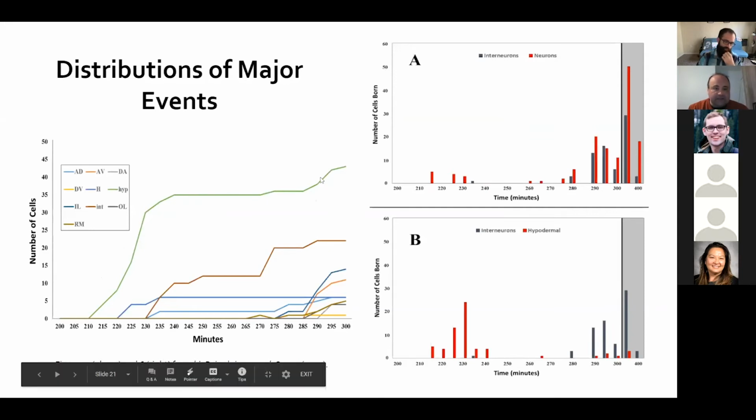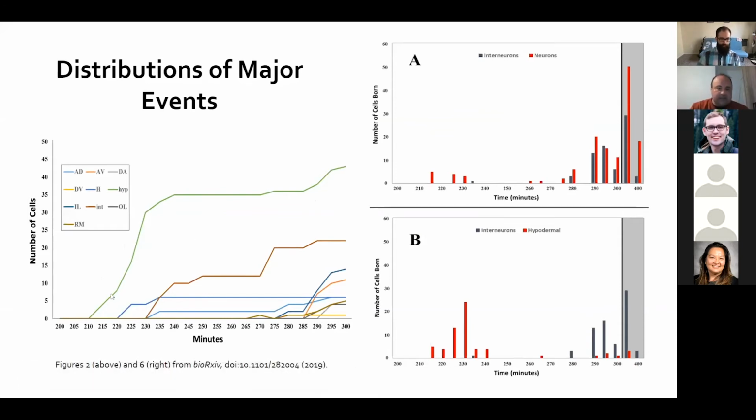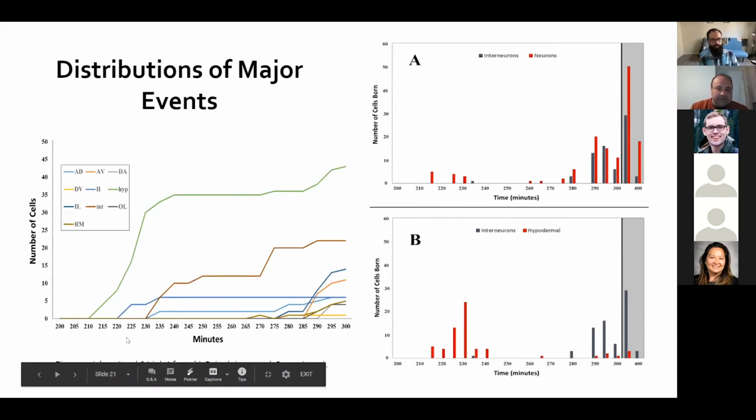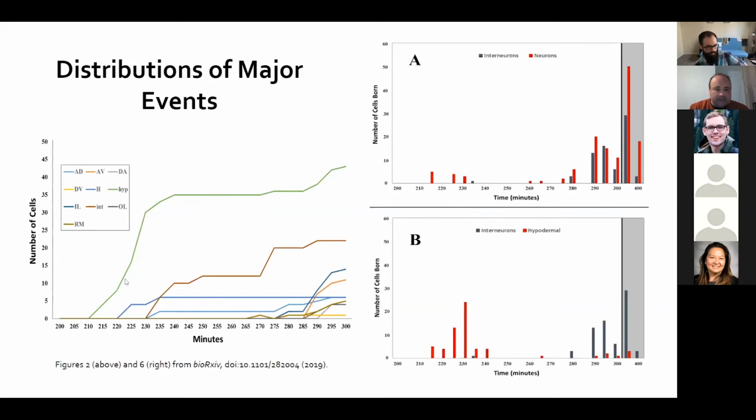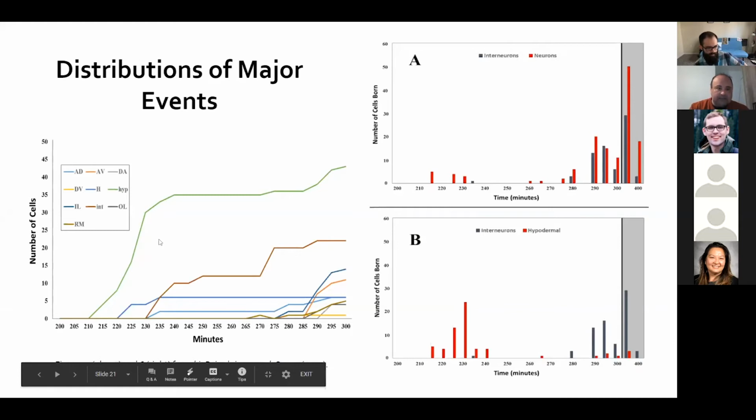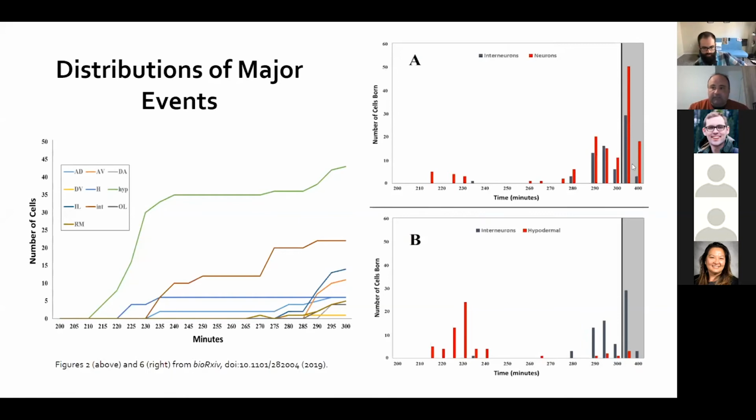These are different cell families that are differentiating in different stages of development. So we have this by minutes. This is the first 200 to 300 minutes of embryogenesis, when some of these cell families come online. These are hypodermal cells, and they come up fairly early, but there are other cells that come about later.